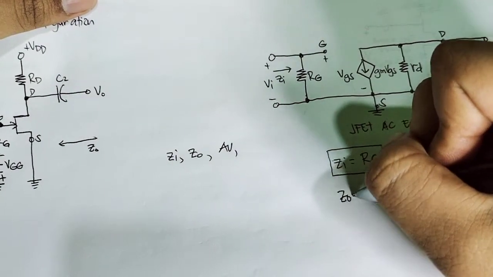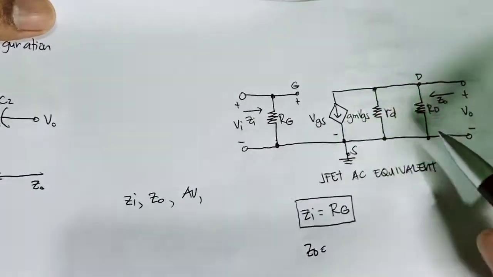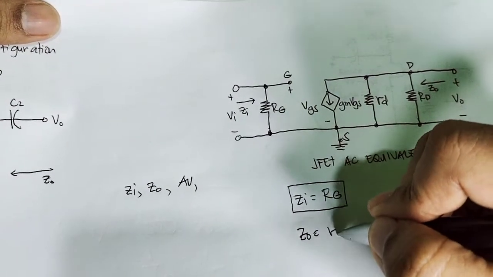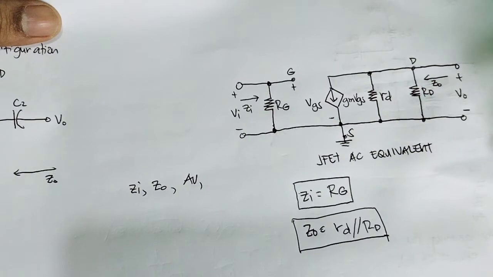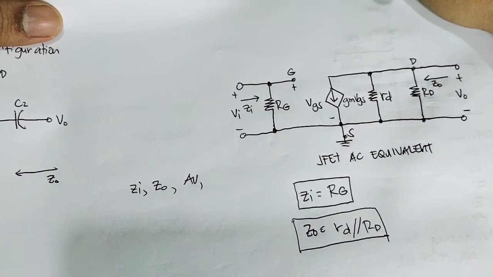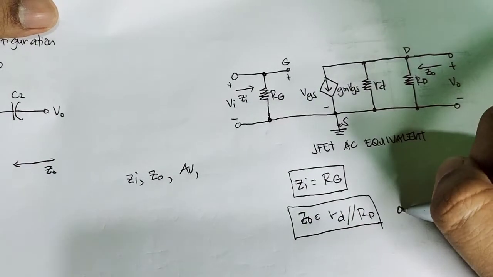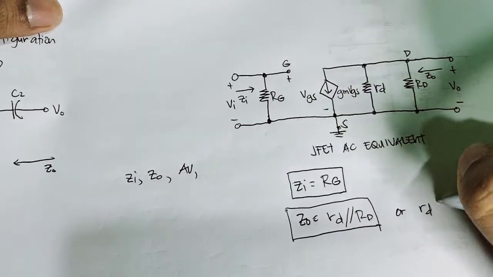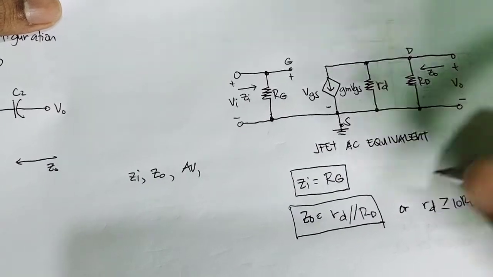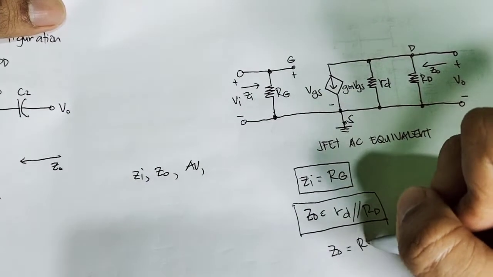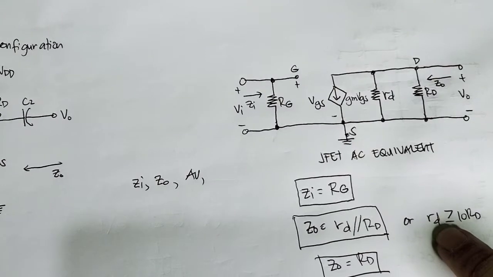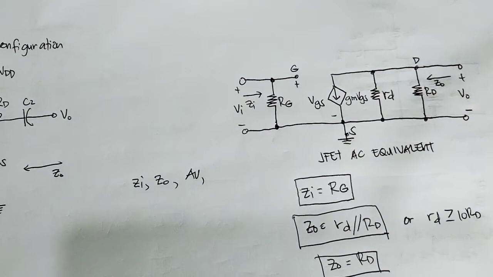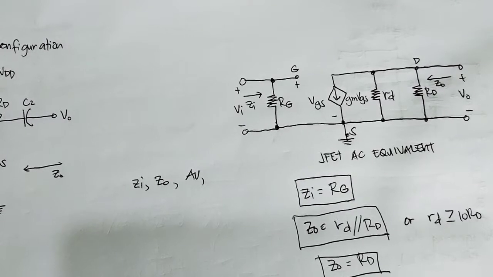Z out is just equal to, as you can see, the output side, r sub d parallel with the capital R D, or if r sub d is 10 times greater than R D, you can assume that Z out is just equal to R D. So this applies if the internal resistance of the JFET r sub d is greater than or equal to 10 times R D.